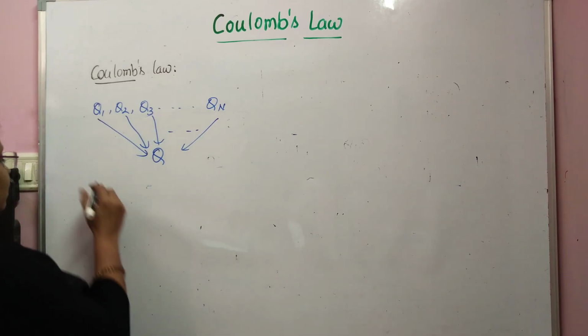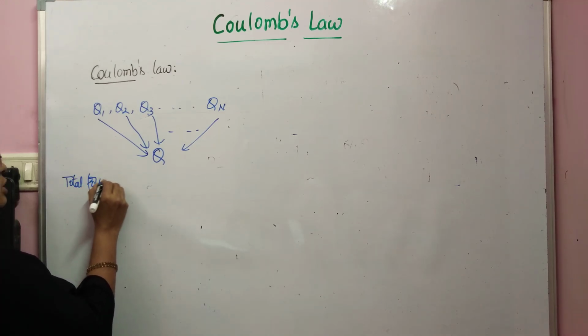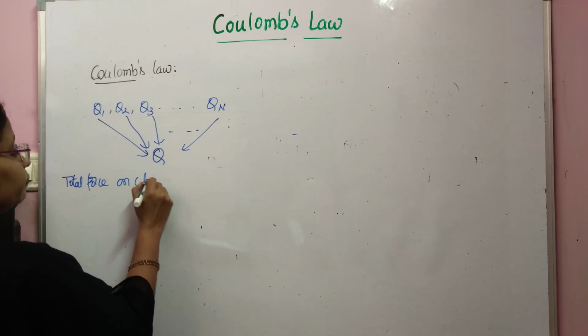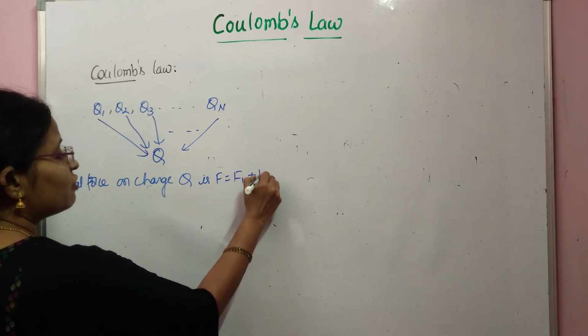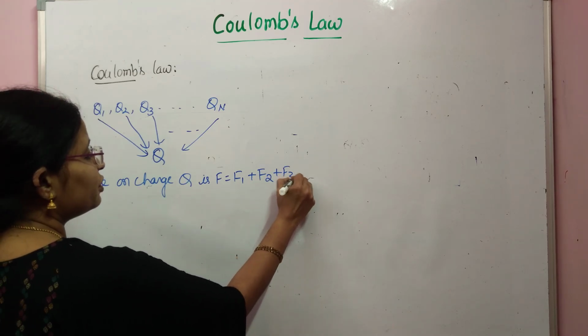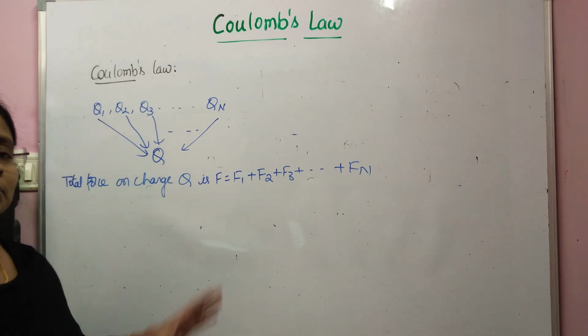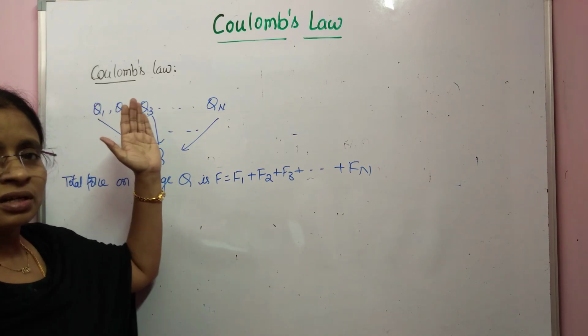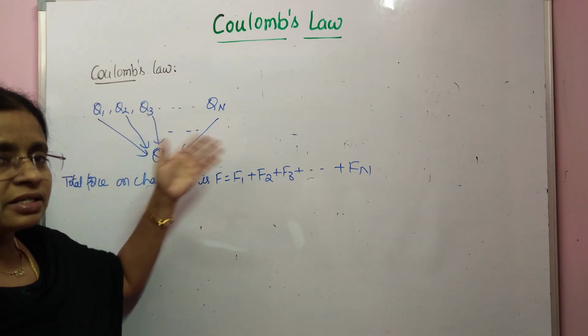Then the total force on charge Q is F, that is equal to F1 plus F2 plus F3 plus etc. plus Fn. You have to sum the individual forces exerted by all these charges on Q.